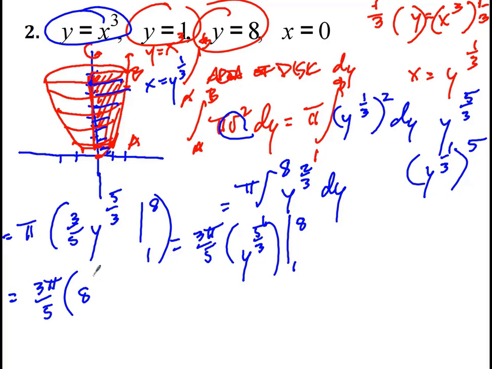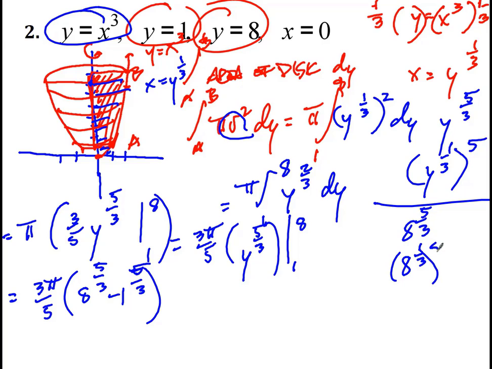I'm going to have 8 to the 5/3 minus 1 to the 5/3. First off, 8 to the 5/3 is the same as the cube root of 8 to the 5th power. Cube root of 8 is 2, to the 5th power is 32. So 8 to the 5/3 is 32.